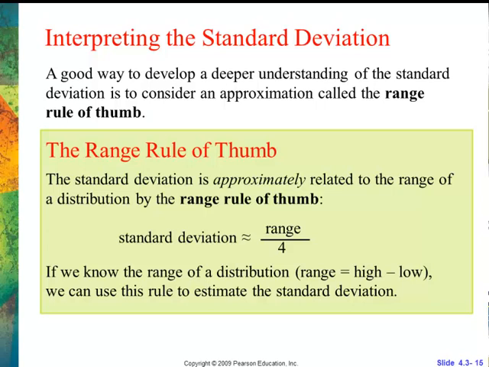So here's a rule of thumb using the range, which we haven't shown how to calculate yet, but the range is just the largest number minus the smallest number. The approximate standard deviation is the range divided by 4, because we have two standard deviations to the left of the mean and two standard deviations to the right of the mean. So that's where the 4 comes in.